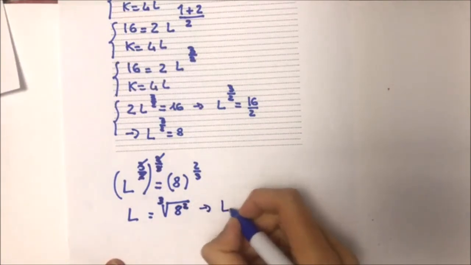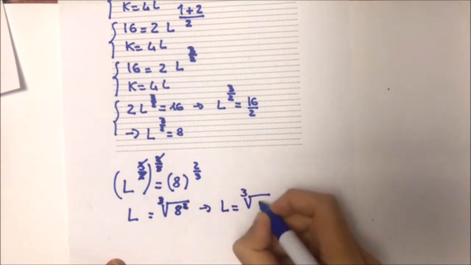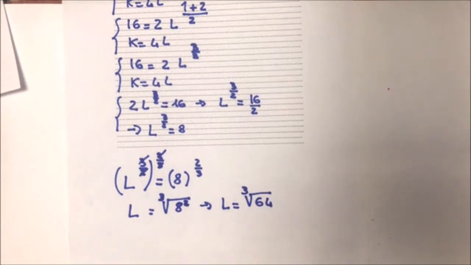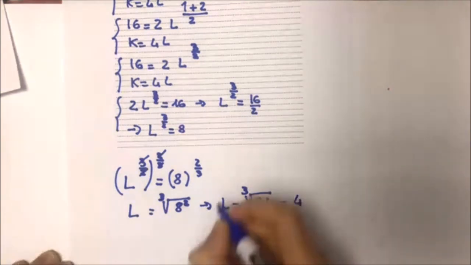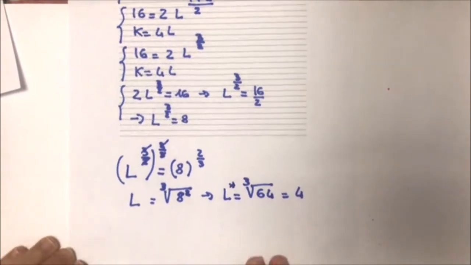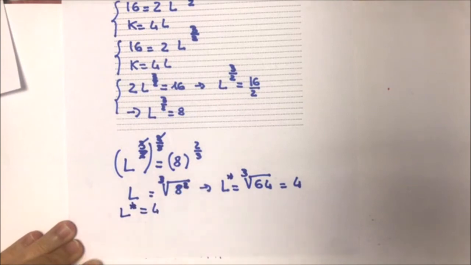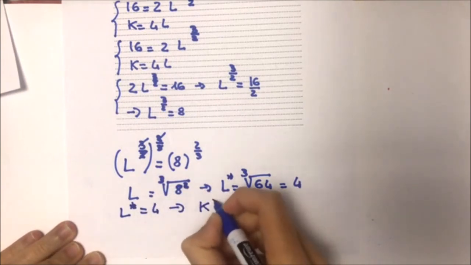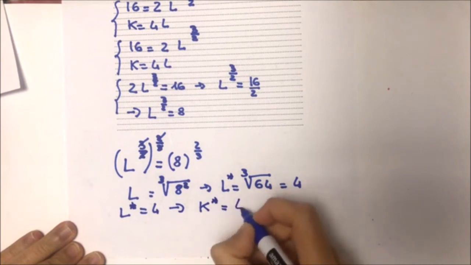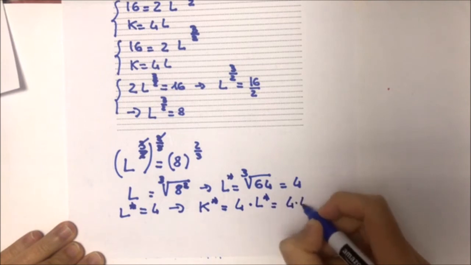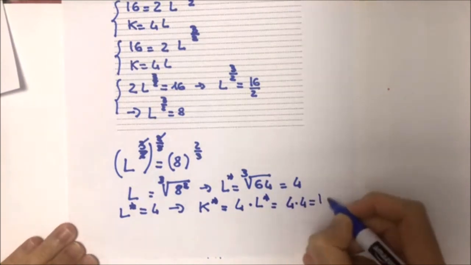So we get L equal to, again, and now we compute and we have the cube root of 64. And this is equal to 4. So finally, we have computed that we have an optimal amount of L equal to 4. And then K star is equal to 4 times L star. So 4 times 4, so 16.